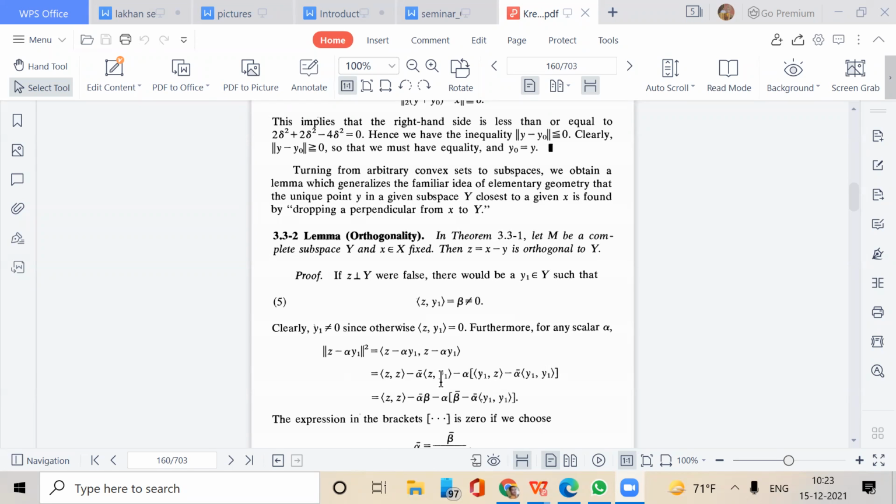Now inner product of z comma y1, it is beta. Inner product of y1 comma z, it is conjugate of inner product of z comma y1 by property. It is beta bar minus alpha bar into inner product of y1 comma y1 as it is.